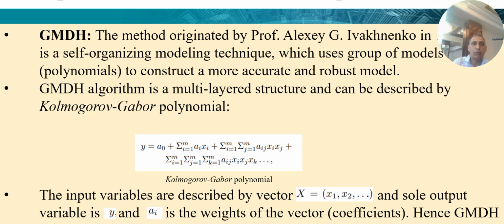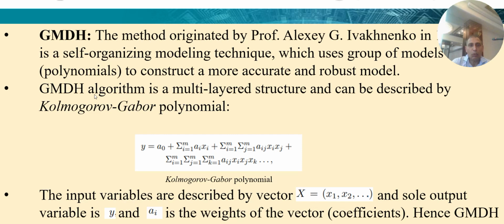For this purpose, we have used the group method of data handling, GMDH. It was originated by Professor Alexey, a Russian professor, and is a self-organizing modeling technique which uses a group of models like polynomials to construct a more accurate and robust model.